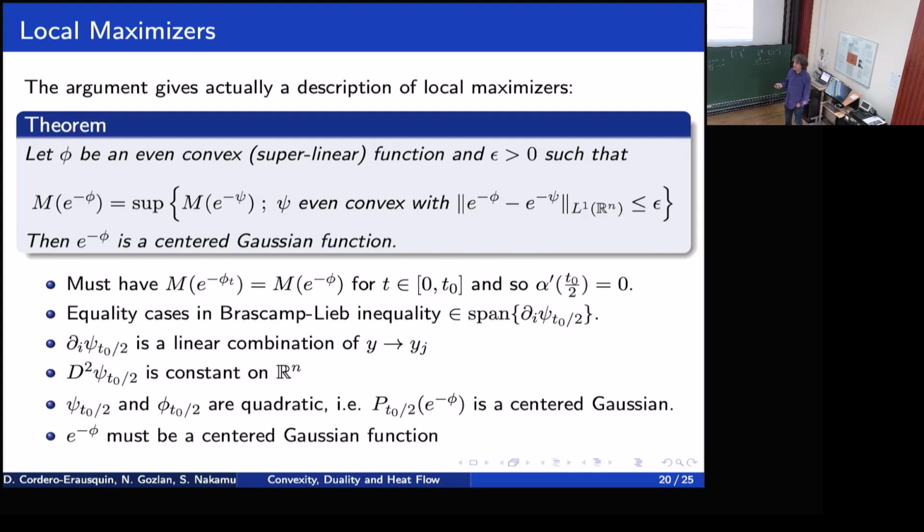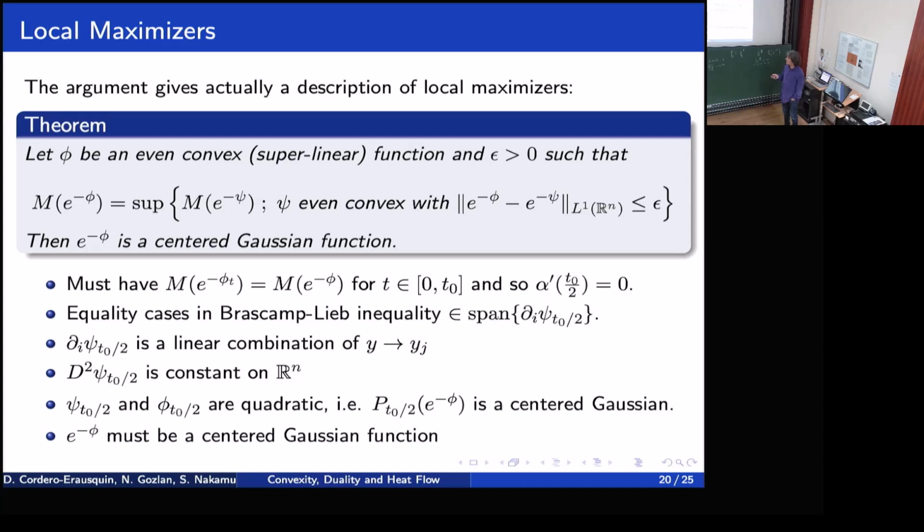of these equality cases, which is at most dimension n here. So it means that actually these derivatives are linear combinations of the yi of this linear function. This means that the Hessian of psi t is constant, and this means that psi t and therefore phi t is quadratic, and so this means that p t of exponential minus phi is a centered Gaussian.